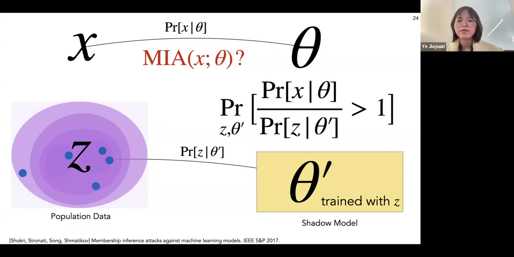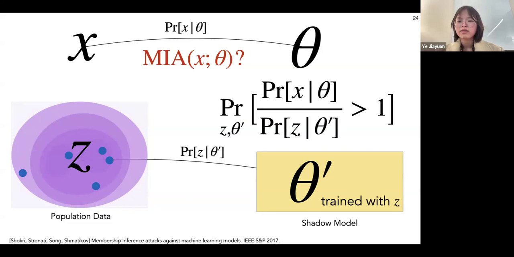And then we basically compute how much of these population data and shadow model incurs lower P of Z given theta prime compared to the target, which is P of X given theta.